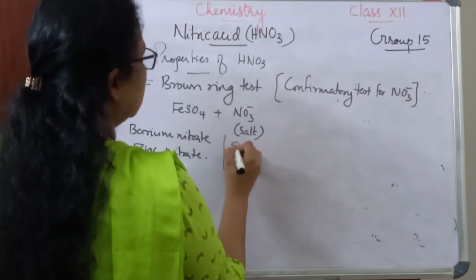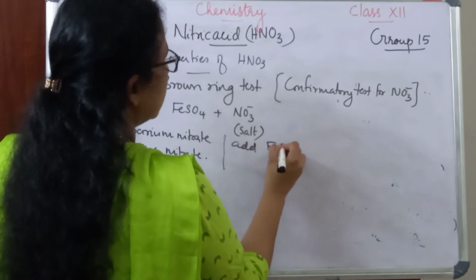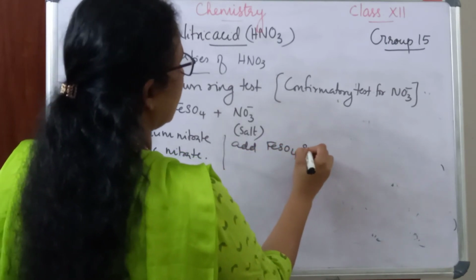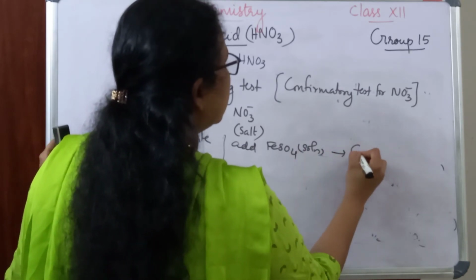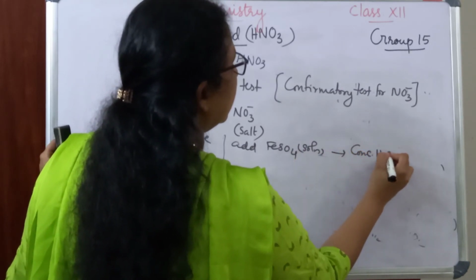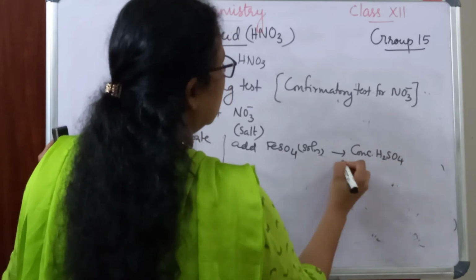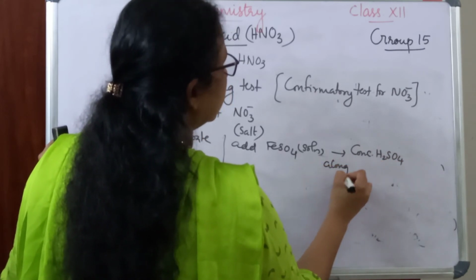So add ferrous sulfate solution, then we need to add concentrated sulfuric acid along the side of the test tube.